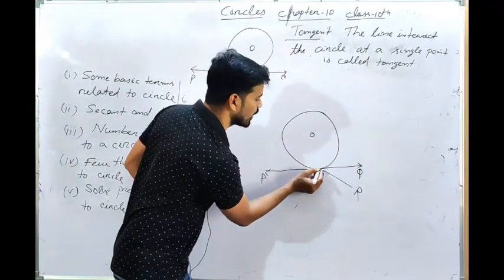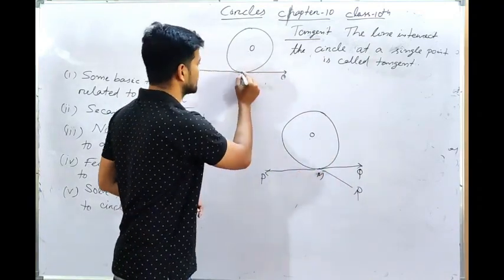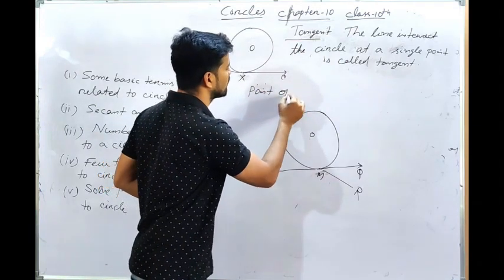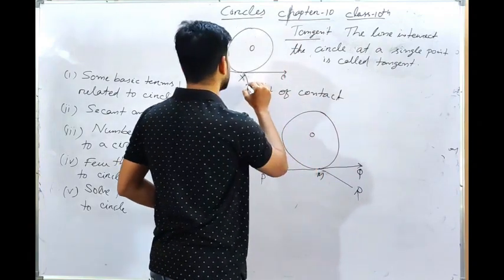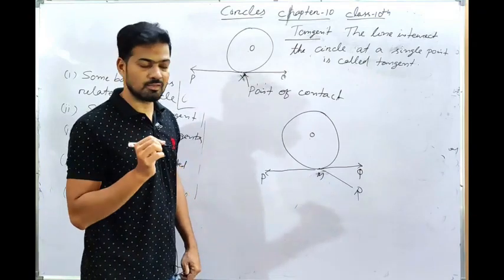M is actually a point on this circle, and remember this point M or this point X, these are known as point of contact. This is known as point of contact. So here M is also the point of contact.